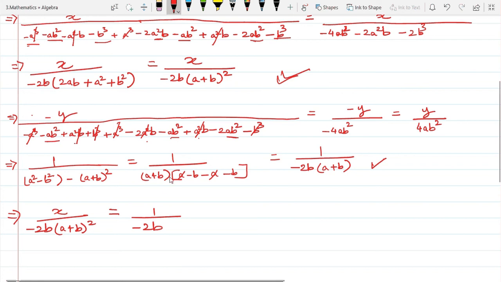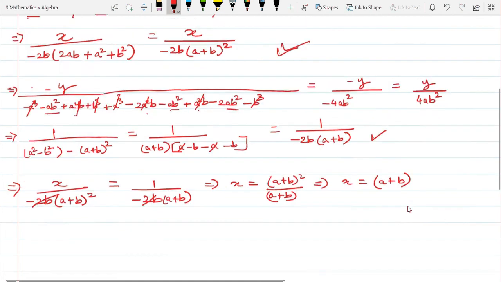Okay, minus 2b into a plus b. This will become x is equal to, this minus 2b will get cancelled with this minus 2b, and I get a plus b whole squared by a plus b. So this implies that x is equal to a plus b.